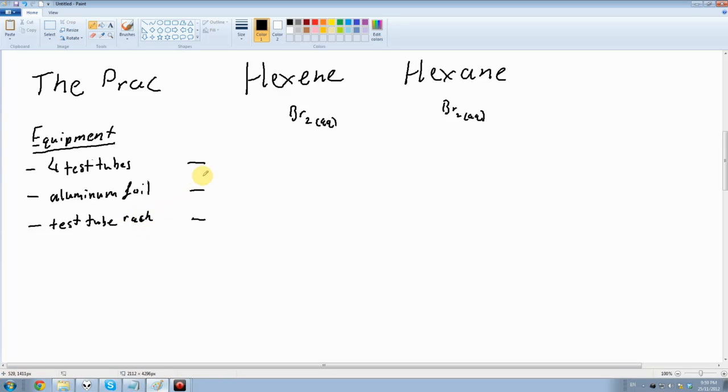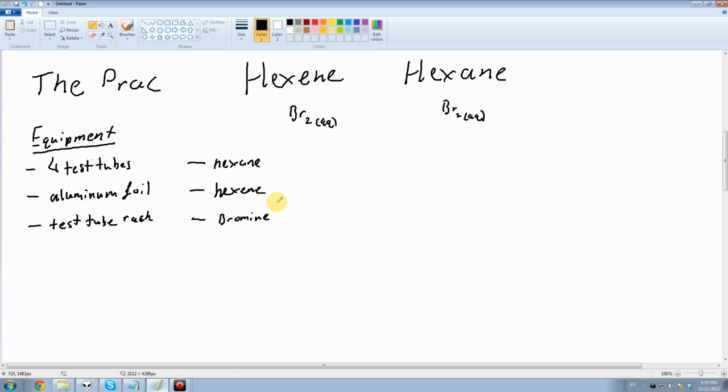And our ingredients were basically hexane. Well, in class we use cyclohexane, but on the test we just write hexane because we don't need to know about cyclohexane and all the different structural formulas that we can write hexane in. We use hexene and we use bromine water.